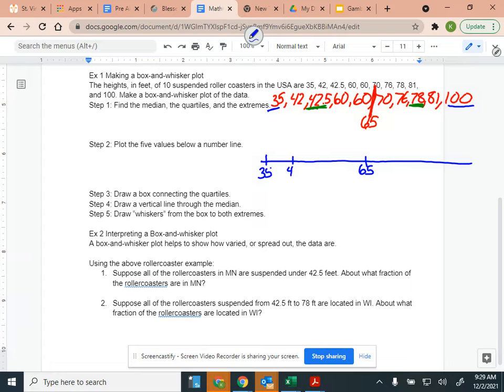I'm just going to draw them right by each other like this. There's actually 2 60s. So on Khan Academy, you'll see them put dots for the numbers like that.